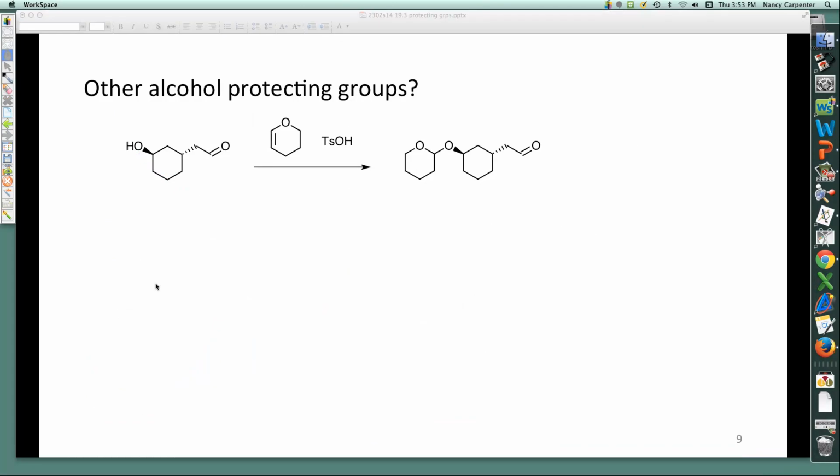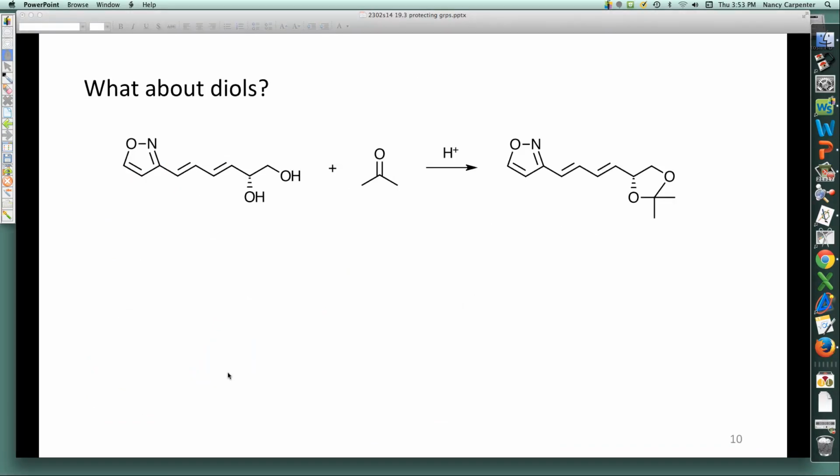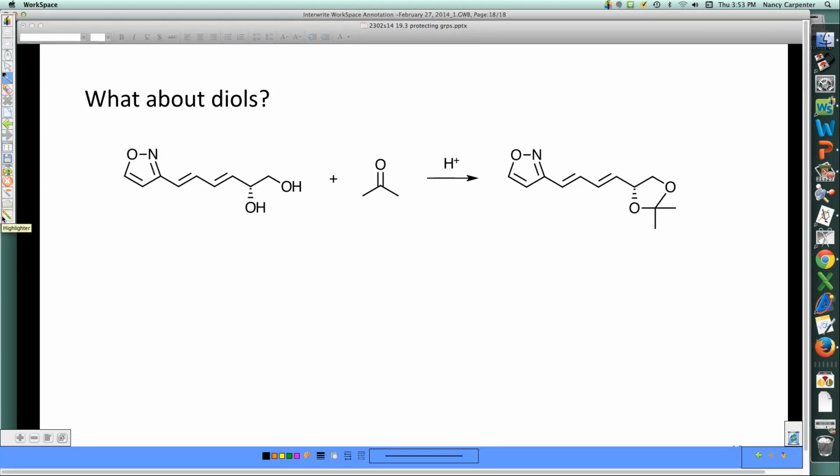All right, and the last protecting group would be the diol. So not just one alcohol, but two. How do those get protected? Well, this will look familiar as well, I am sure. So we've got a nucleophile. Got lots of nucleophiles.